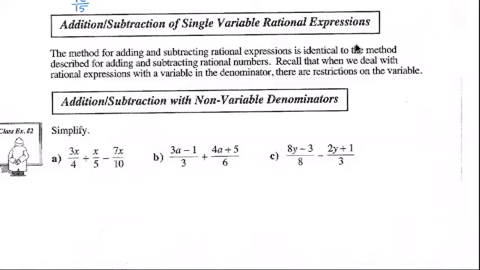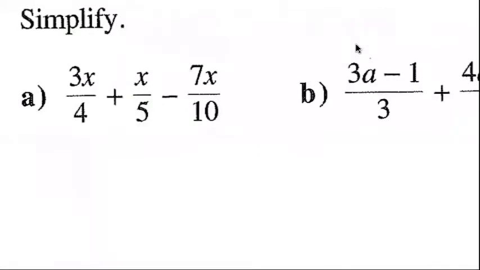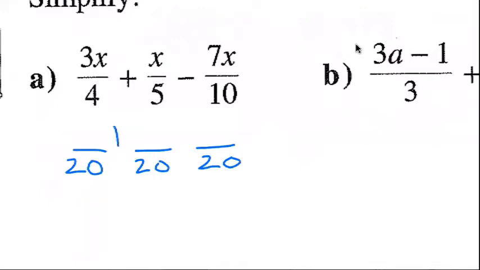So let's look at example 2. 3x over 4 plus x over 5 minus 7x over 10. My common denominator is, give you a second to think about it, 20. So I want all of these fractions on 20. Plus, minus. I multiply 4 by 5 to get 20, so 3x times 5 is 15x.